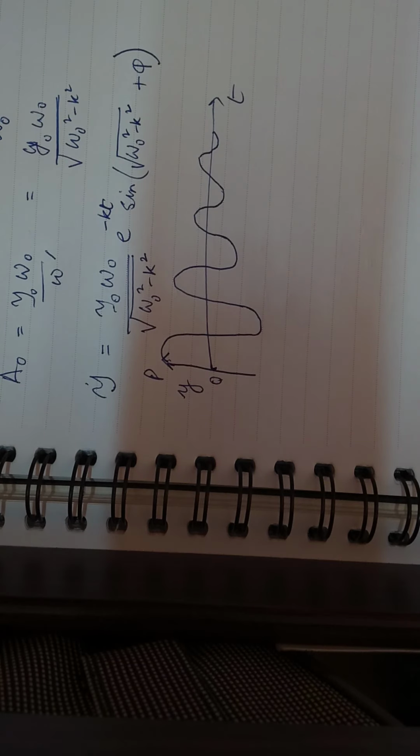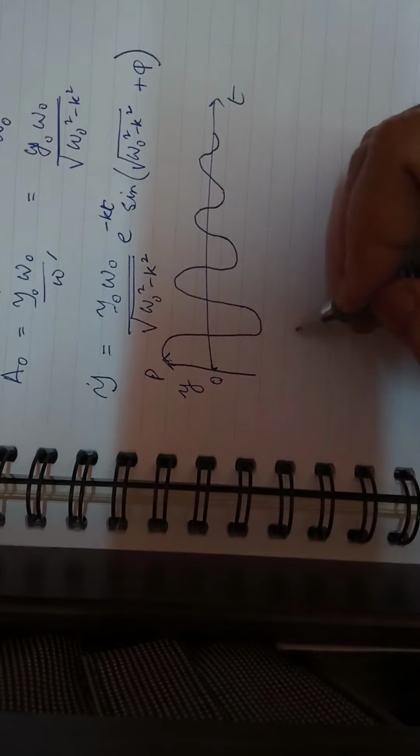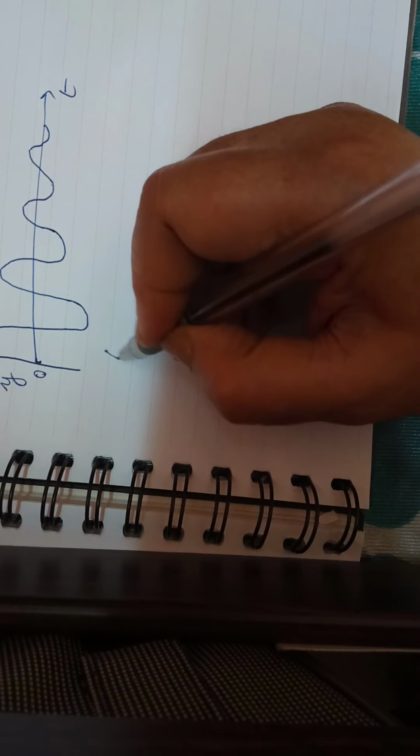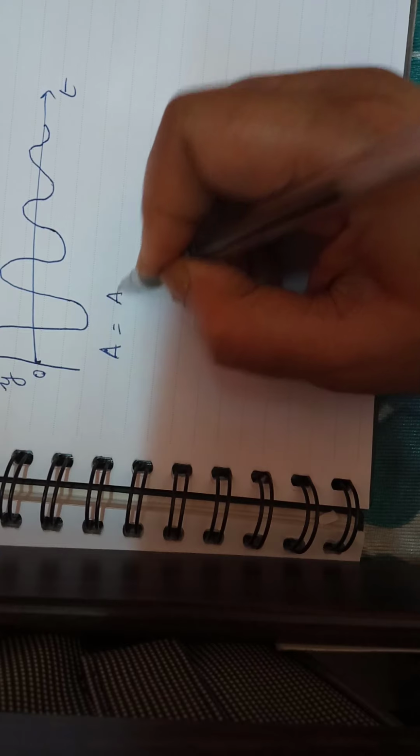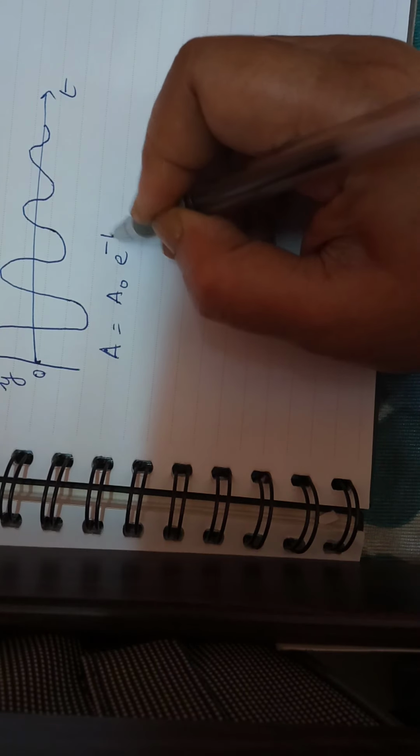The amplitude of oscillation goes on decreasing following the condition a equal to a0 e to the power minus kt.